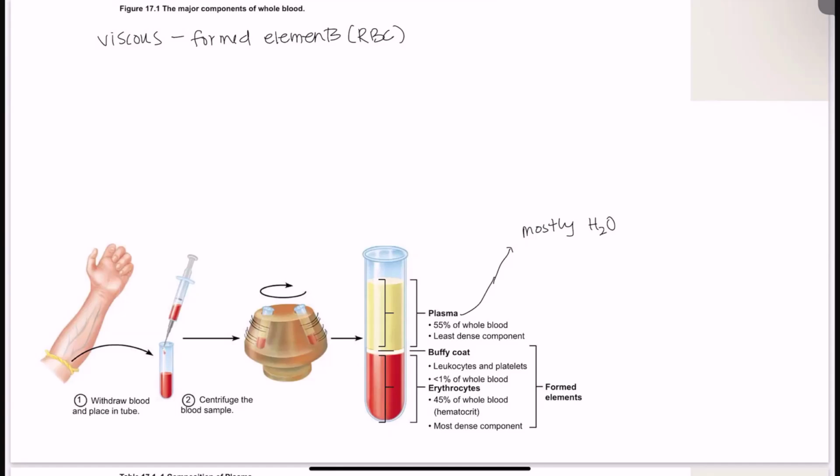There's a lot of stuff in it. Electrolytes are a big one in plasma. Electrolytes make up the most of the contents of plasma. And electrolytes are things like sodium, potassium, chloride, that kind of thing. There's also plasma proteins.